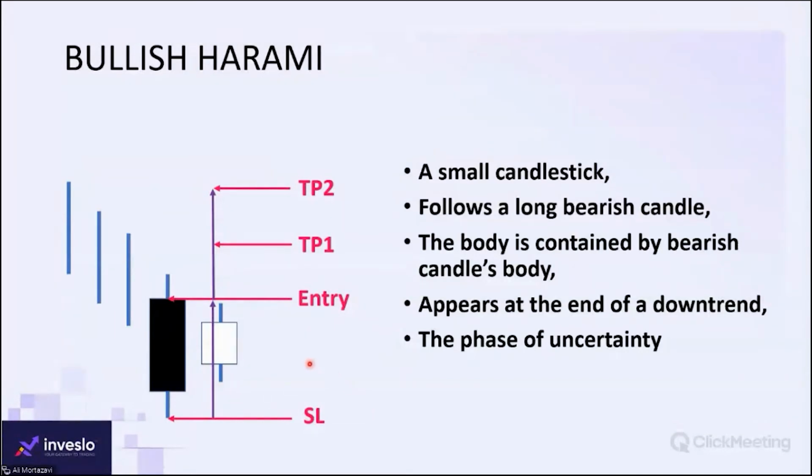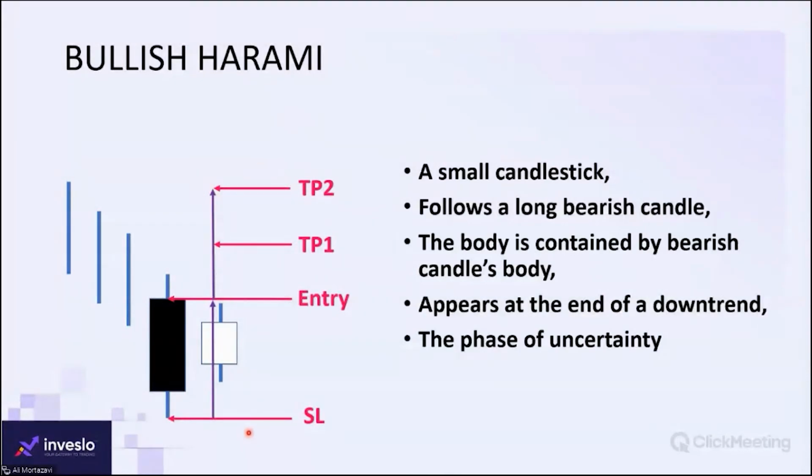But it depends on the place that these patterns appear on the chart. You can manage your risk to reward ratios and your take profits, because it's very important when they come after a very significant movement in the market. We can expect a more aggressive reversal there, so we can put our take profits higher maybe, and take less risk in the trade.